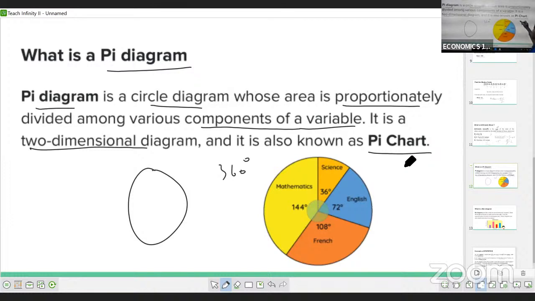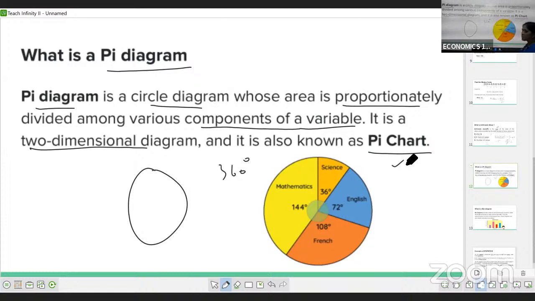Pie chart or pie diagram, both are the same. It will be like a circle. How many dimensions does the pie diagram have? It is two-dimensional. What is the other name? We can also call it a pie chart.